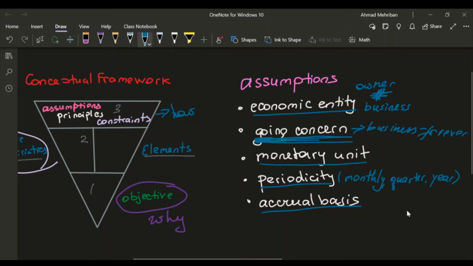Not on the cash movement, but rather on the event happening in the period that it took place. Not cash movement, but when the transaction took place.